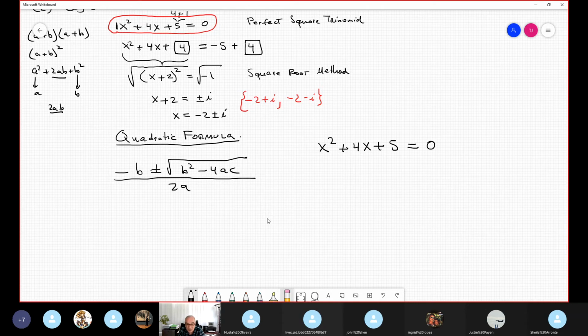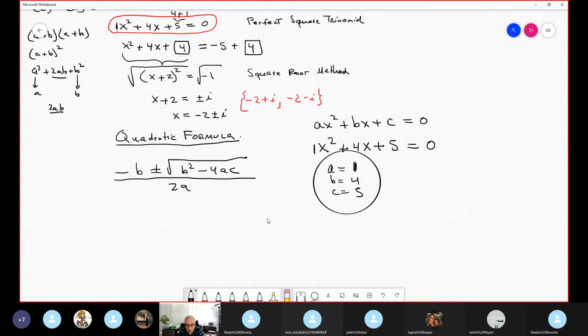In step one you determine who is A, B, and C. Remember, A is 1, because the coefficient here is 1, B is 4, and C is 5. And then just plug into the formula.